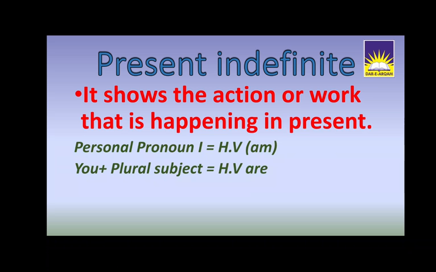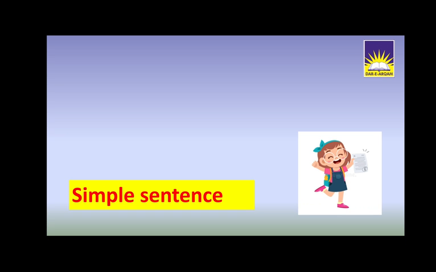And if your subject is singular, you will put is before the first form of verb plus ing. Okay, now we will analyze 3 types of sentences of present continuous, which are simple sentence, then negative sentence, and then interrogative sentence. Let's move to the simple sentence first.